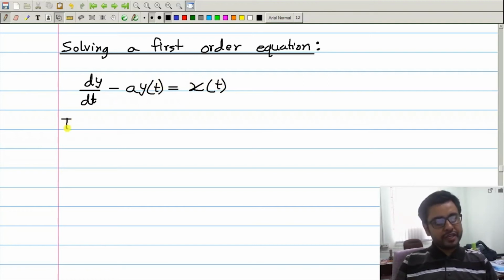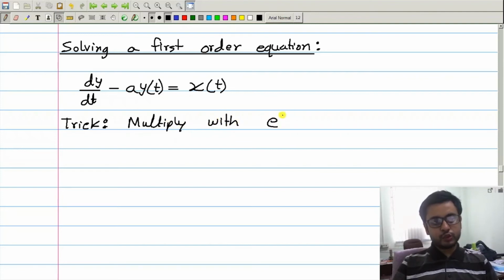To solve it, we shall use a trick. We shall multiply both the sides of the equation with e to the power minus at. This is called an integrating factor. Why e to the power minus at? Because of this minus a.